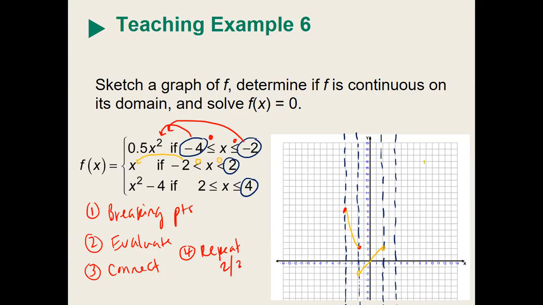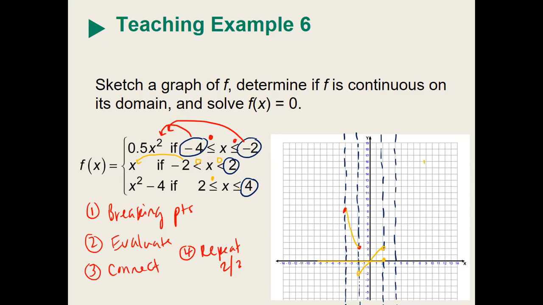Now the last one, we're going to take 2 and substitute it in. What's 2 squared? What's 4 minus 4? 0. So at 2, I'm at 0, and it's a closed circle. I go to 2, go to 0, and close that circle. Now I'm going to do 4. What's 4 squared? 16 minus 4? 12.